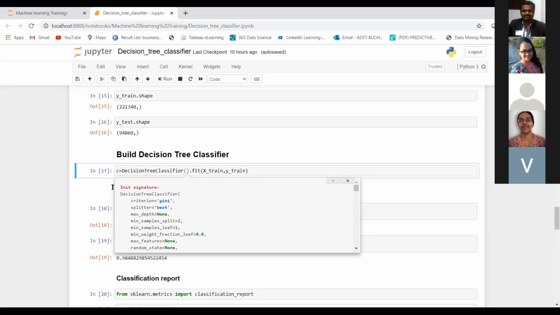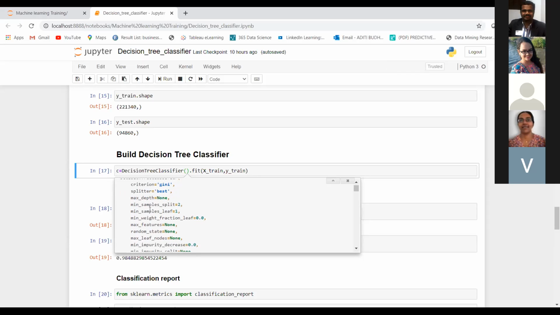Okay, so all of these are the parameters, correct? Now let us see how we can estimate what should be the correct value that we should give to a particular parameter in order to get the maximum accuracy. This is done by using hyperparameter tuning.